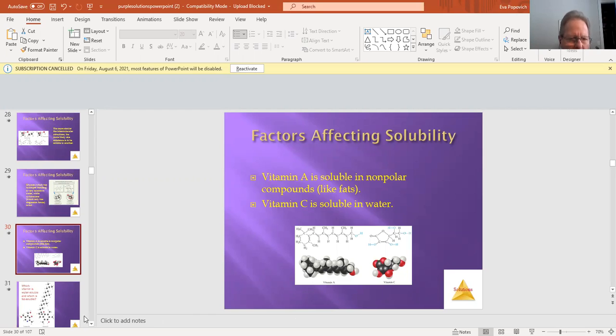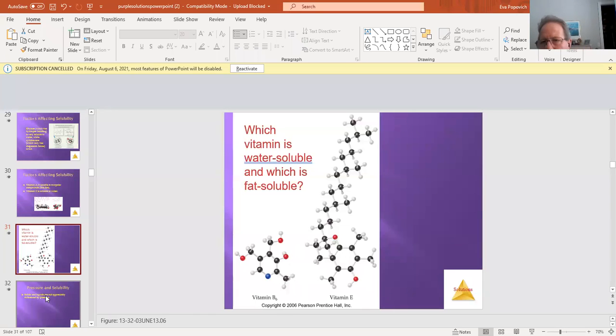Now, Manuel, while I have you, look at these two molecules. If I tell you the black balls are carbon and the white ones are hydrogen, red happen to be oxygen, blue is nitrogen. If I am looking at these two molecules, which one would you guess dissolves in fat?